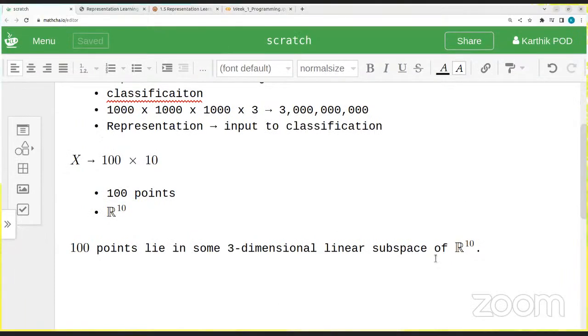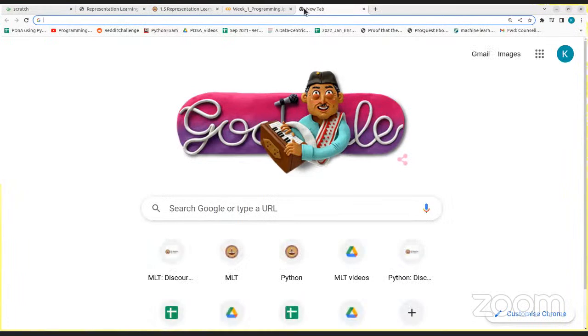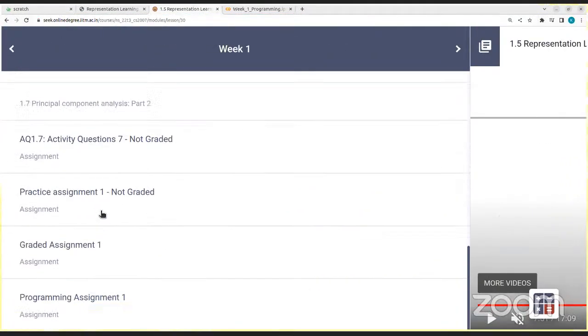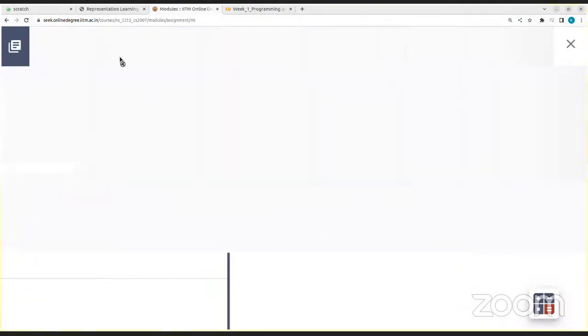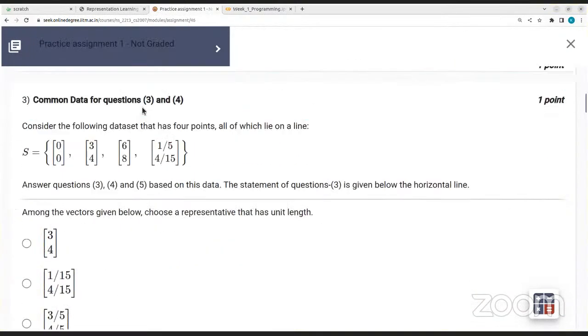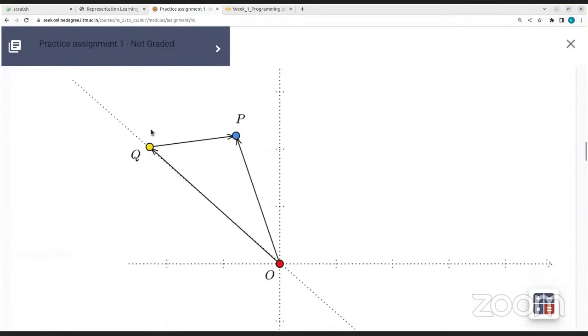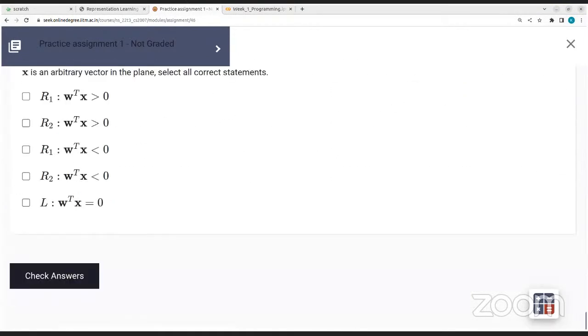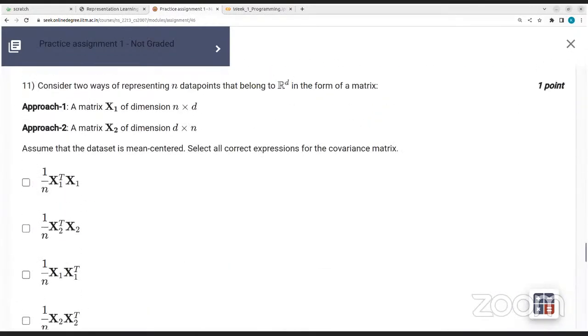So actually, there was one question in the assignment where, in the data set, the 4 features were linearly independent, and the rest of the 3 features were dependent. It asked what the dimension will be after running PCA. Yeah, that is this question.